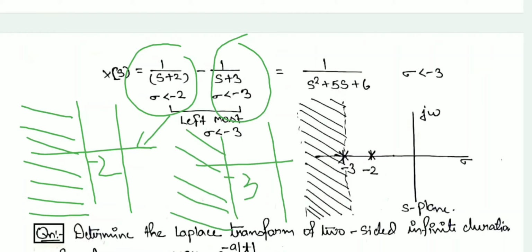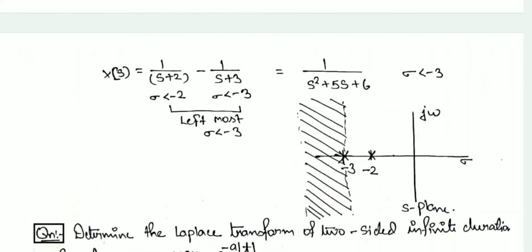As both signals are left-sided, from the property of ROC we know that the ROC does not contain any pole. When we combine -2 on this side and -3 on this side, it is not possible to draw the ROC up to -2, because it would contain -3 inside the ROC.